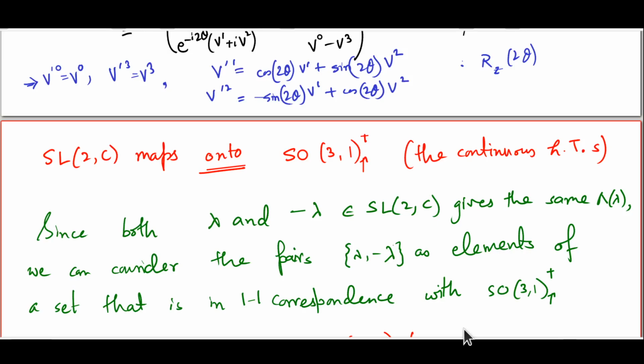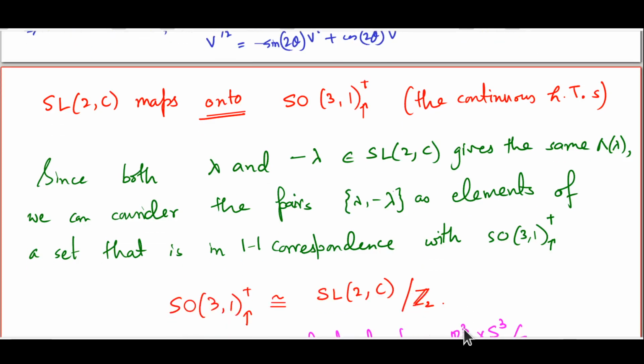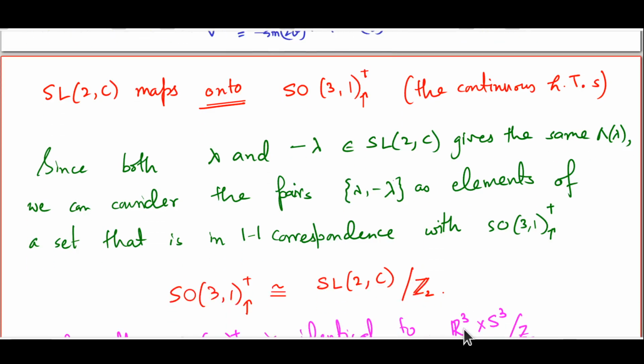It's a very standard result in group theory that when you quotient out the domain of a homomorphism by the kernel of the homomorphism, what you get is something which is isomorphic to the image of the homomorphism. So even group theoretically, SO(3,1) up plus, the continuous Lorentz transformations, is the same as the group SL2C by Z2.